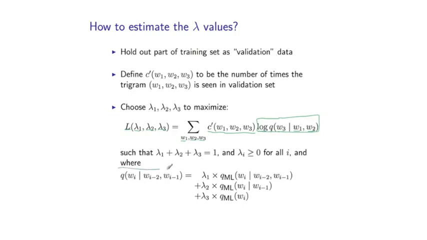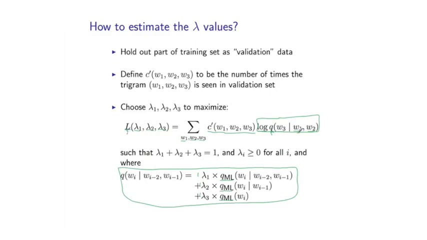And q is defined through the lambdas. So in fact, hidden in here is an expression which depends on the lambdas. And it's defined as before as the weighted average of these three maximum likelihood estimates. So as these three lambda parameters vary, these q values will vary, and because of that, the value for L will vary.